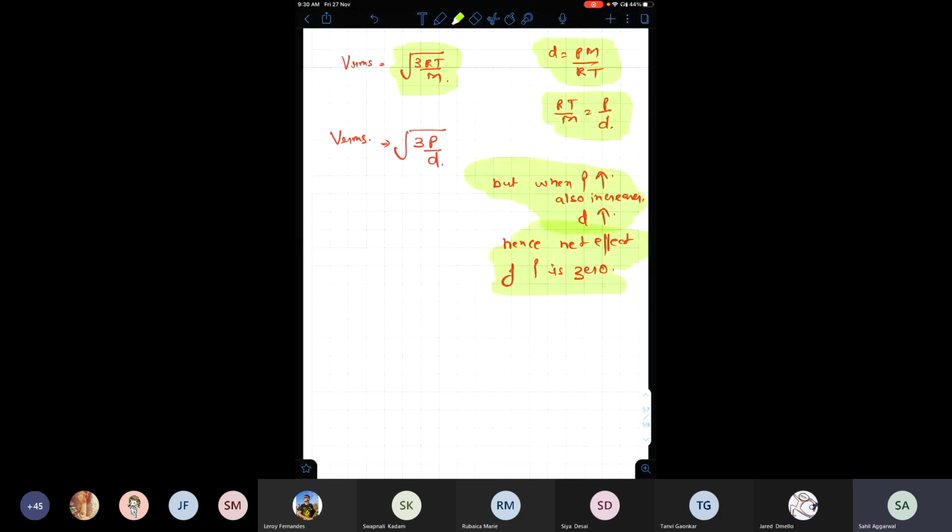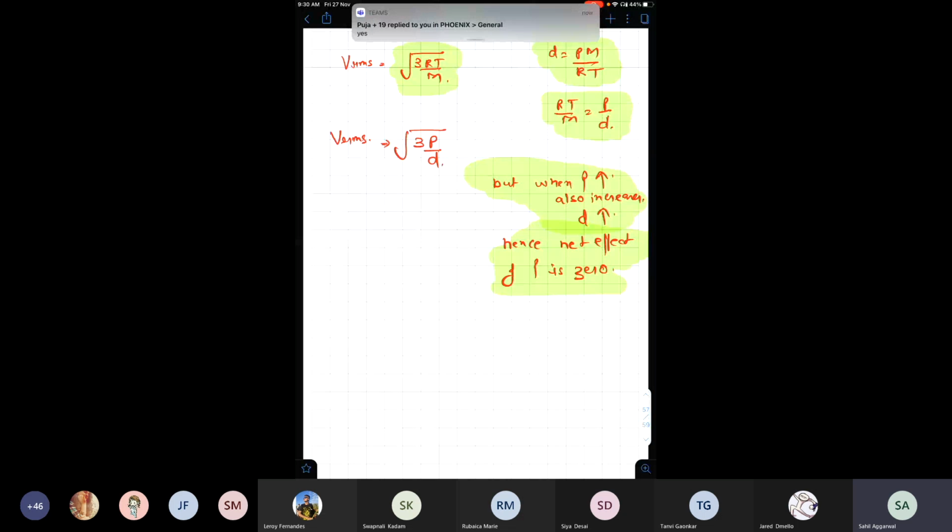Understood, Deepika, Edric, Suhas, Pratyusha, Chrisley. Is it like there is no relation? No, there is a relation. Will there be any effect of pressure? No, there won't be any effect of pressure.